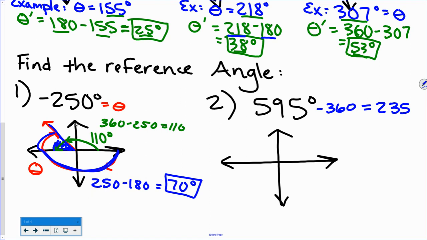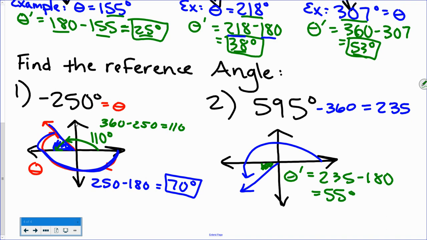So I'll use that coterminal angle to figure out where I'm landing. 235 would go past 180 and land somewhere over here in your third quadrant. So that means there's where my reference angle would be. My theta prime would be 235 minus 180 to get 55 degrees.